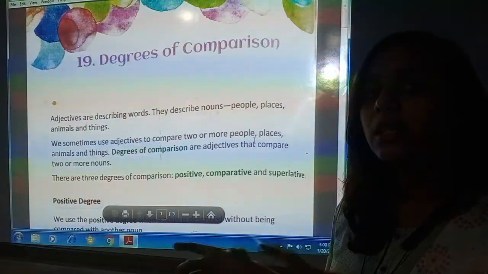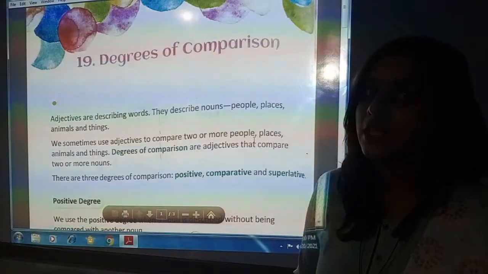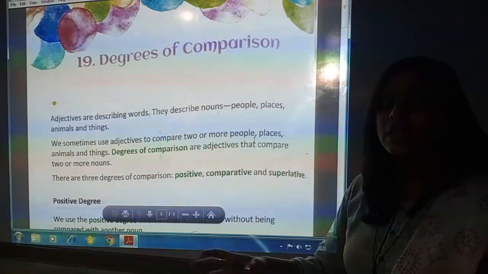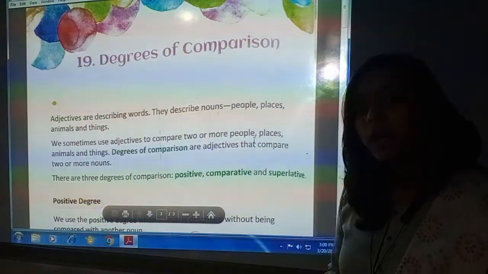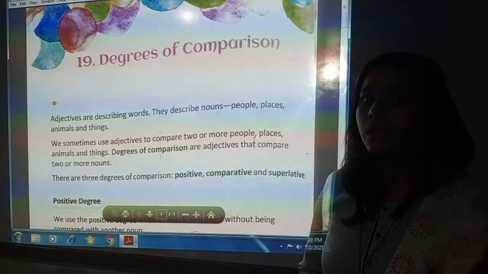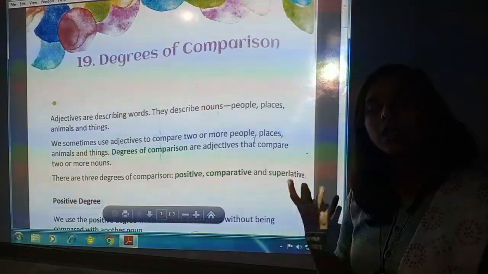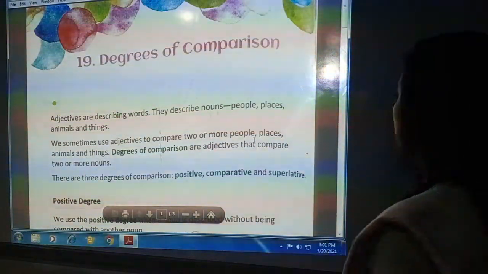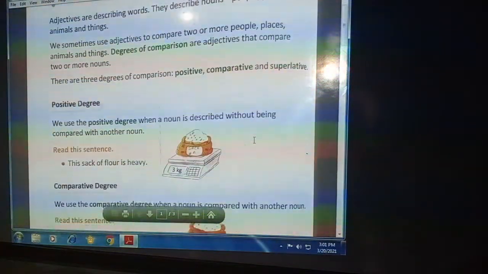So you will get the exact quality or the emphasis, the effect of that adjective. So to emphasize the adjective and the quality and to show it more clearly, more vividly, comparison is used. That is why degrees of comparison is used to describe the quality of the noun, the adjectives of the noun, so that a clearer picture can be had by comparison.